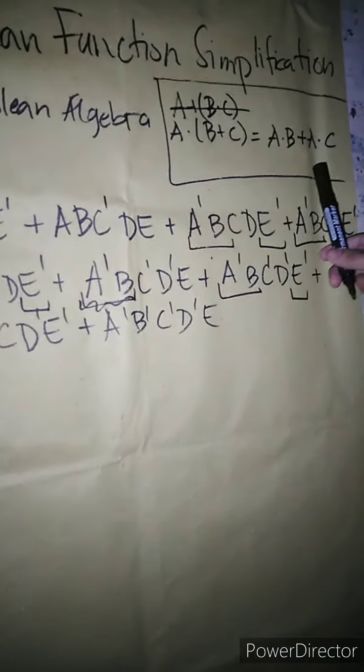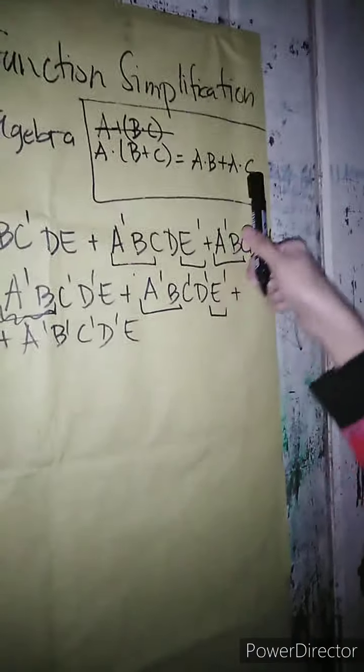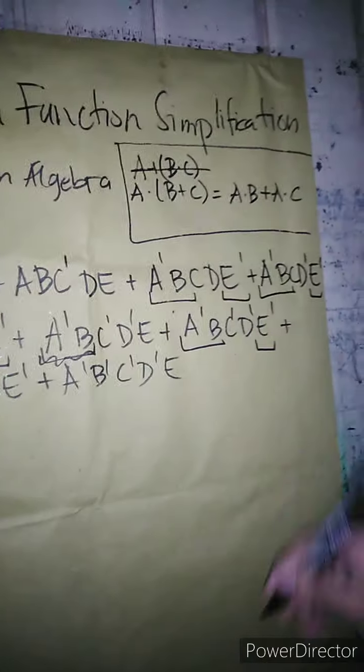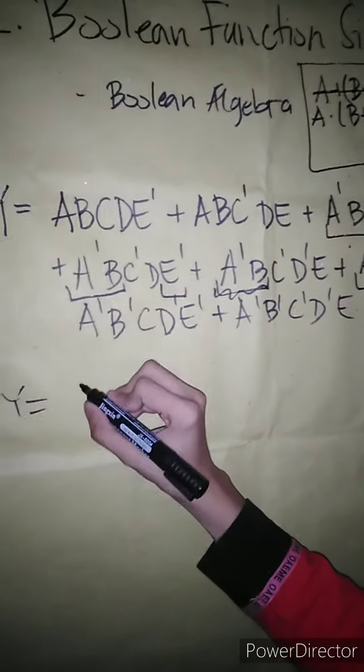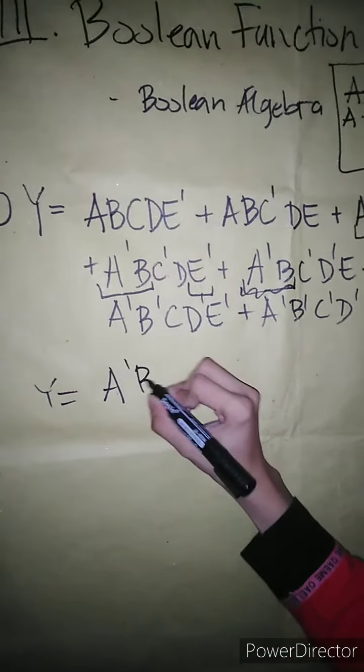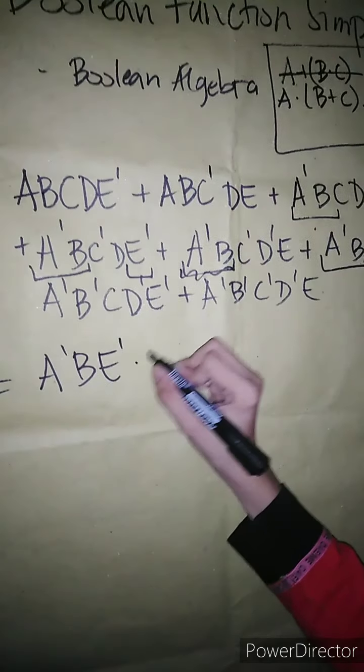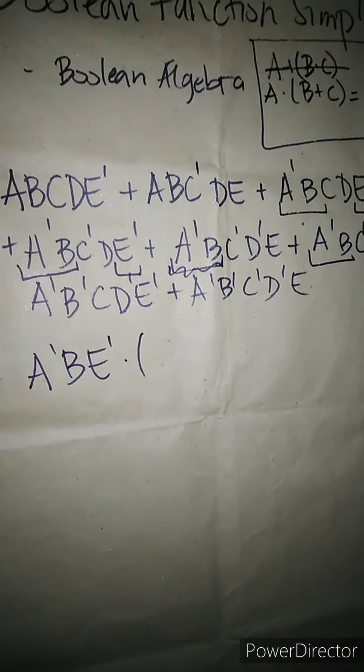Applying the converse statement of this distributive property, we will have a prime b e prime, or... it's just like the same as factoring, but can we consider it as similar?